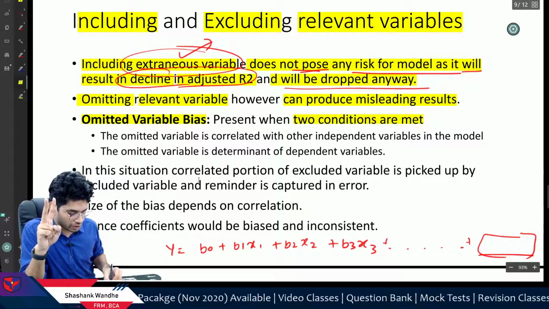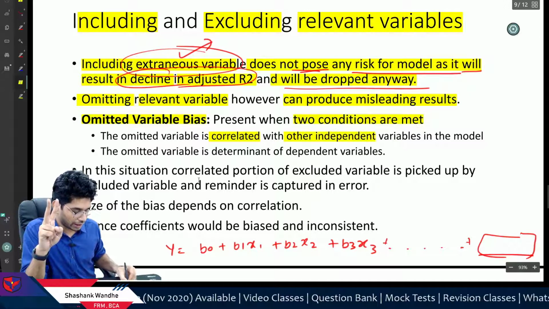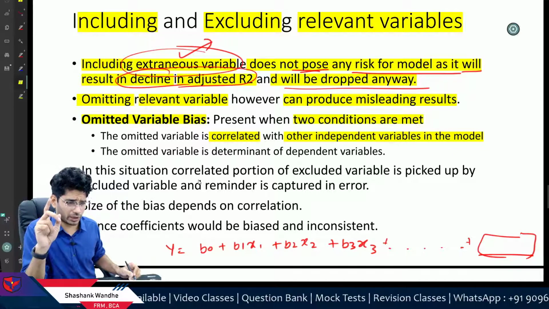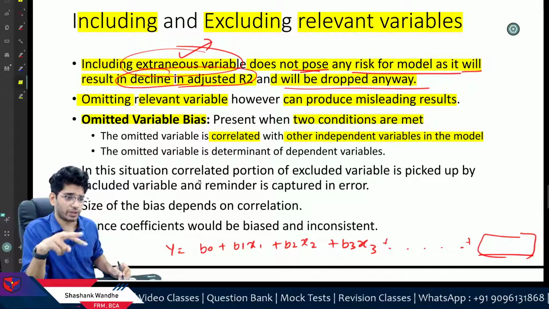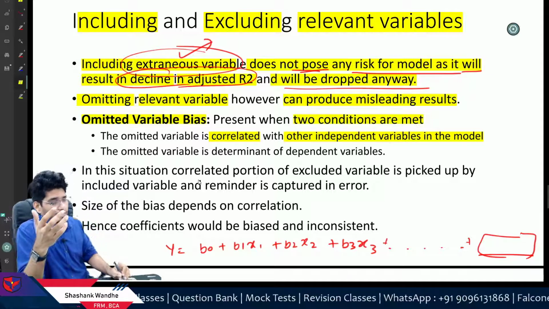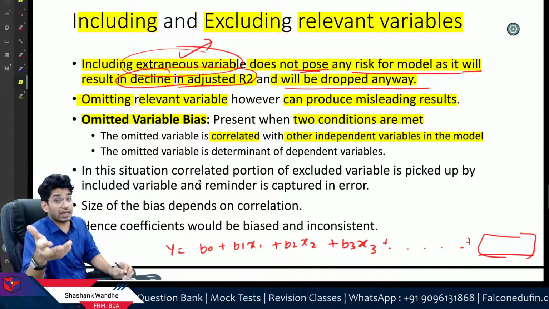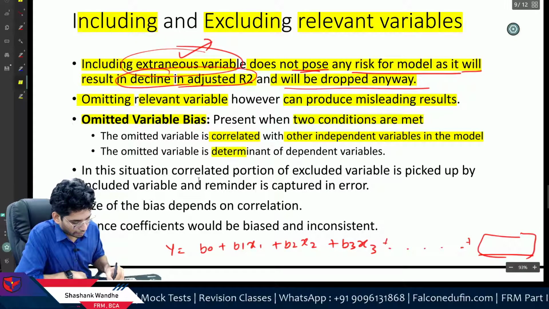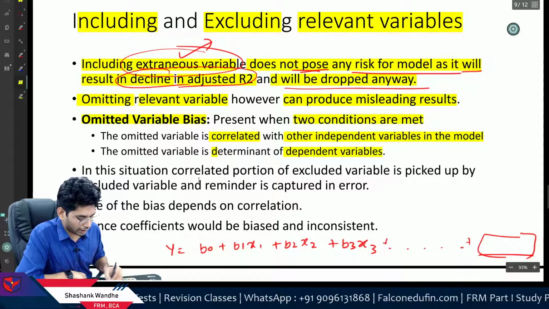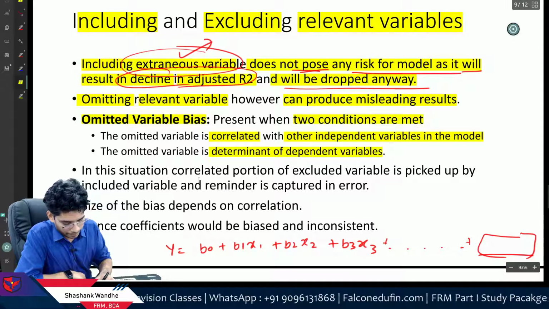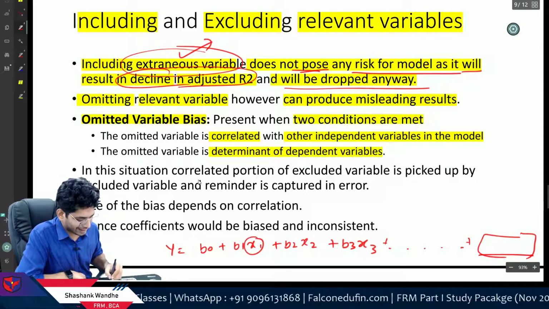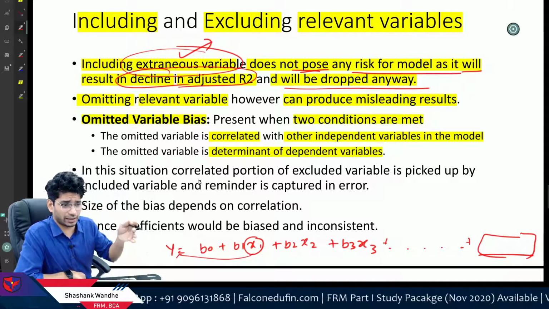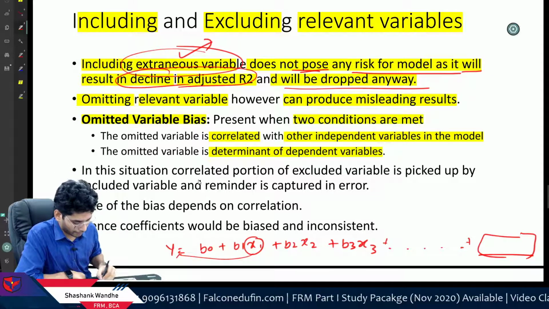First, the omitted variable is correlated with the other independent variables in the model. We are not talking about perfect correlation, just normal correlation. Second, it is relevant for the model: the omitted variable, say x, is a determinant of y.